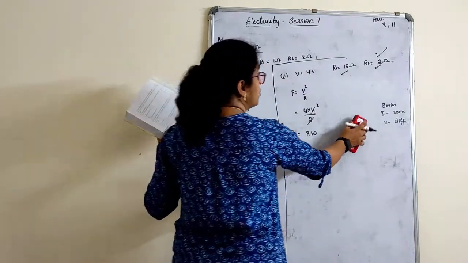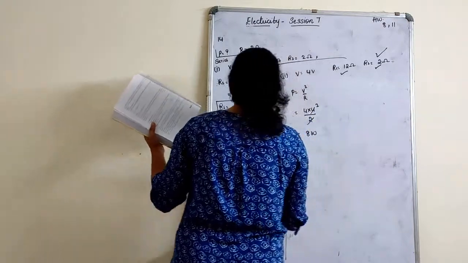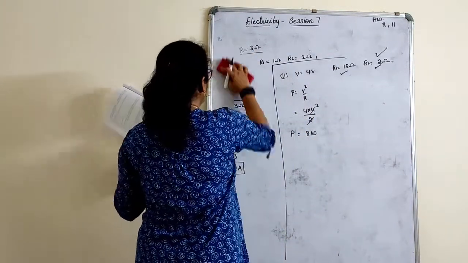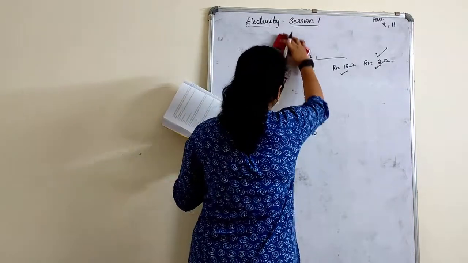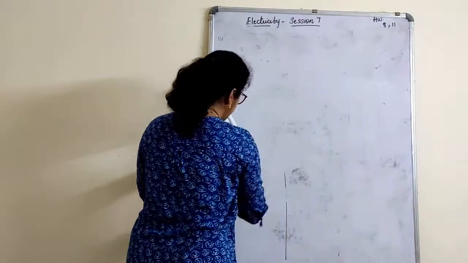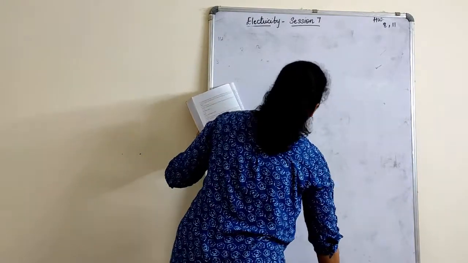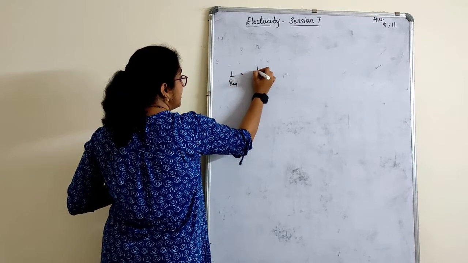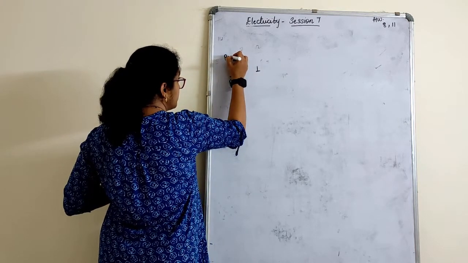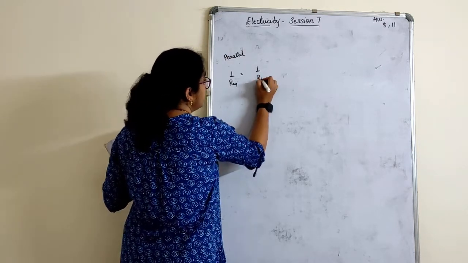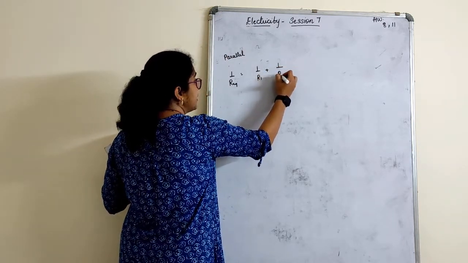Before I go to the next sum, I will once again give you a shortcut formula for parallel connection, because when I wrote it earlier it was only for R equivalent, and after taking the reciprocal I had not written it. Now see, 1 upon R equivalent, when we write only for parallel, is 1 by R1 plus 1 by R2.